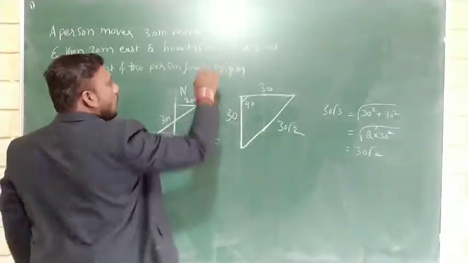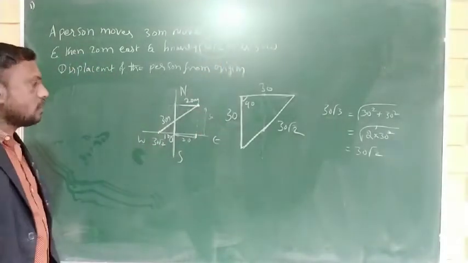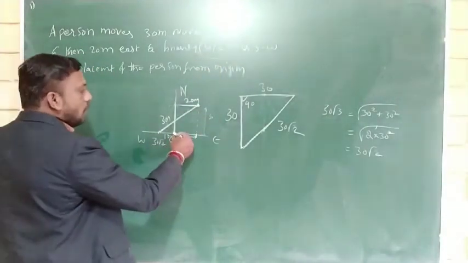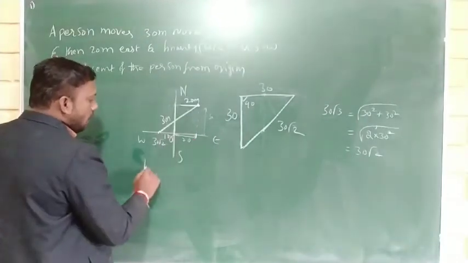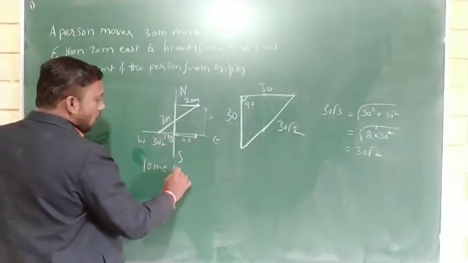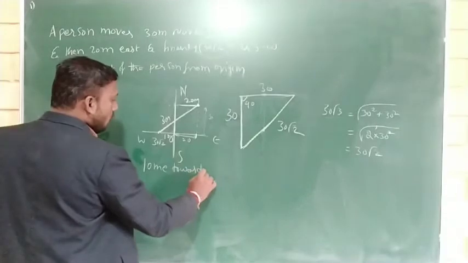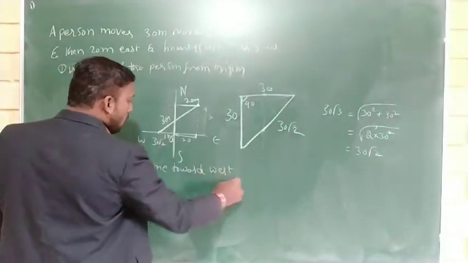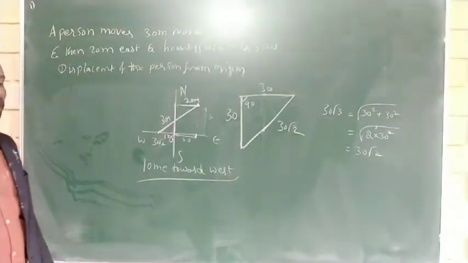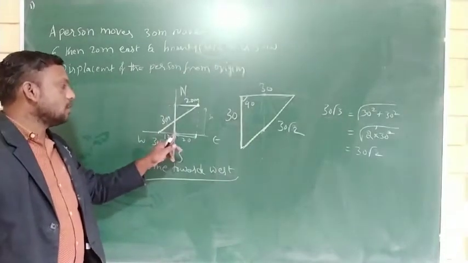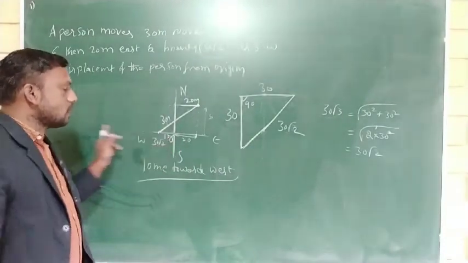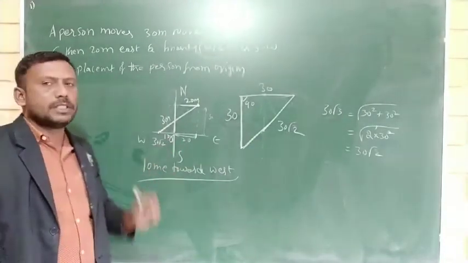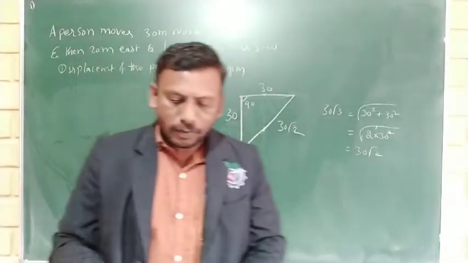Total is 30 root 2 in southwest direction. Therefore, the particle finally moves 10 meter towards west direction from the origin.